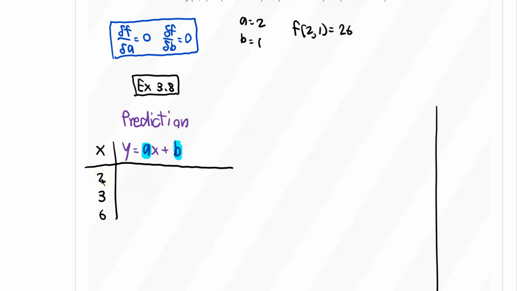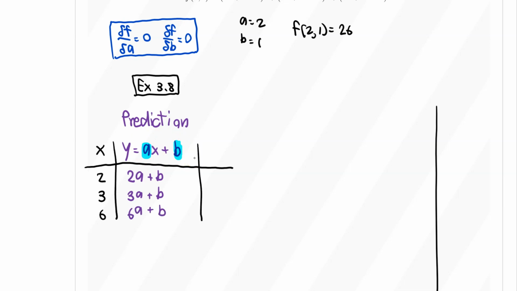If my x is 2, my prediction for the value of y is going to be just a times 2 plus b, so 2a plus b. If my x is 3, then the predicted value for y is going to be a times 3 plus b, so 3a plus b. And when my x is 6, the prediction from this equation is going to be 6a plus b.